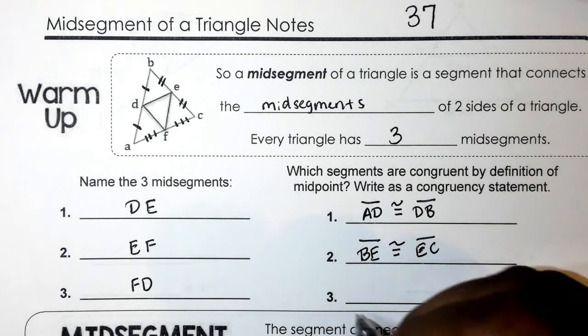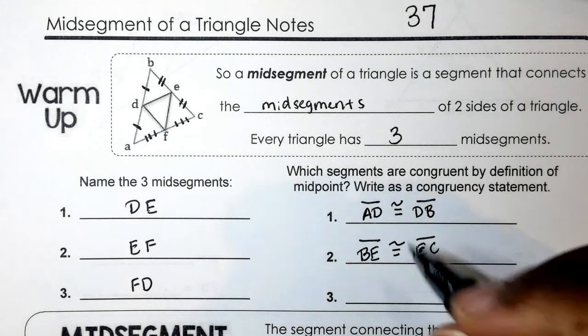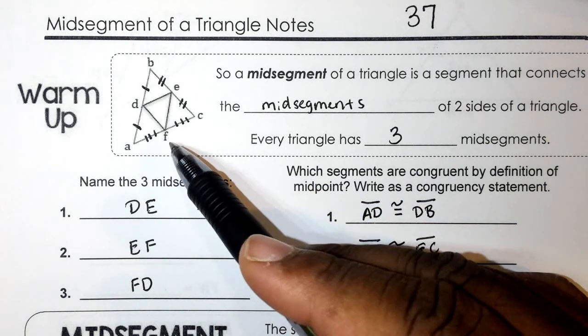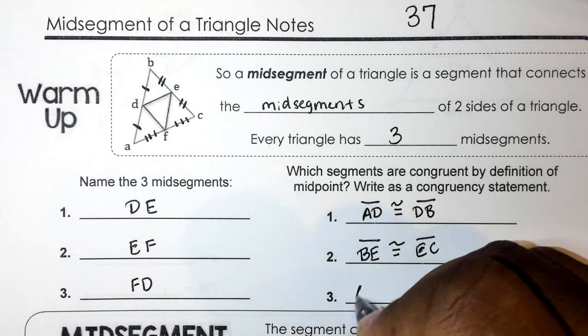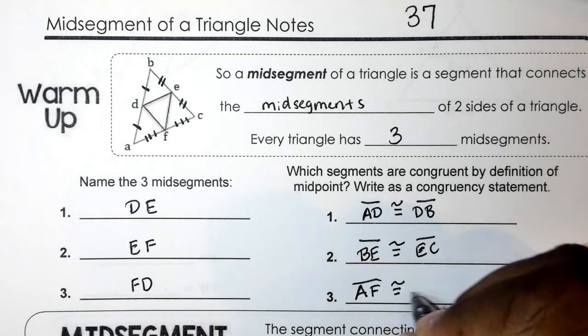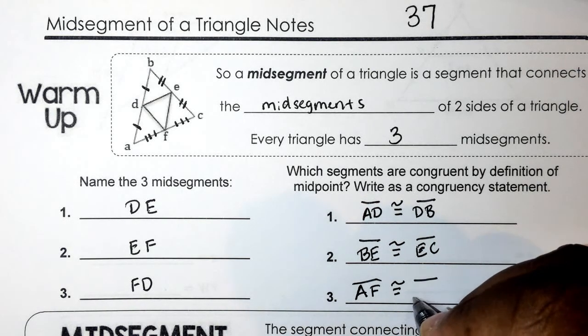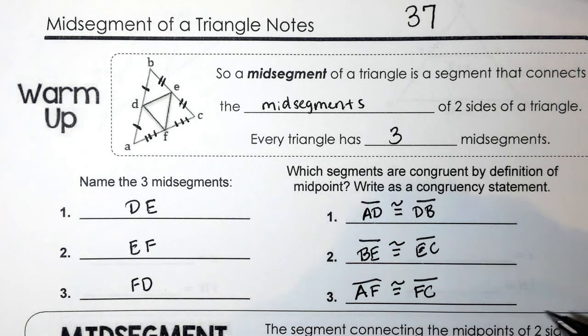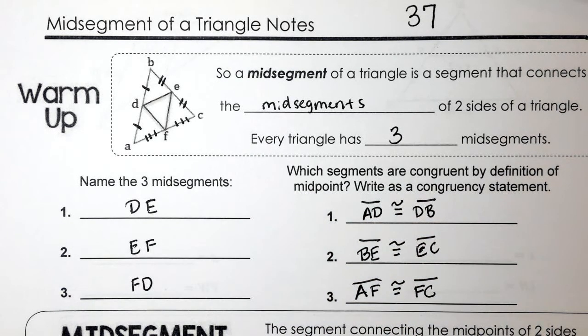And then the last one, if F is going to be a midpoint, that means AF will be congruent to FC.